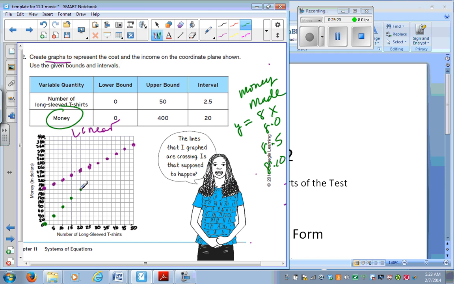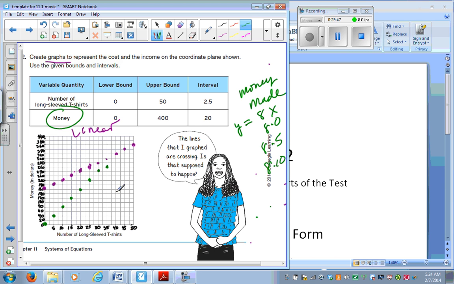At 20 t-shirts, we make 160, at 25, again, this is a constant rate of change because this dot's actually on top of that one right there, just FYI. And no, it's not. 35 would be right here.